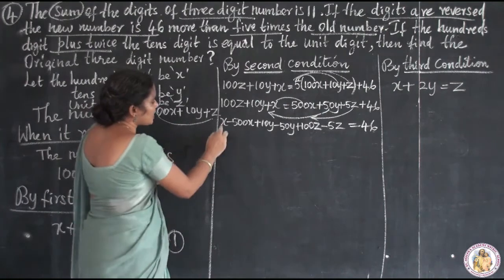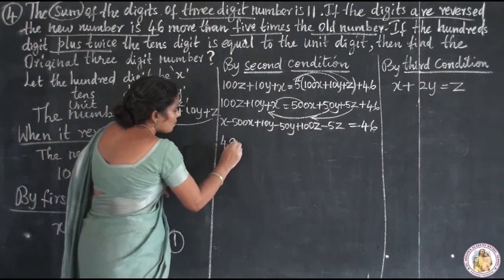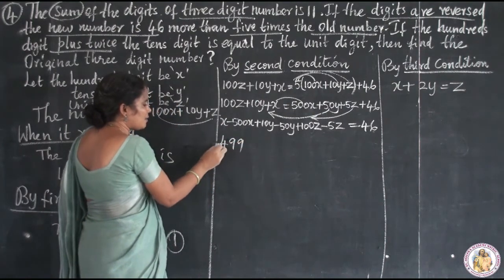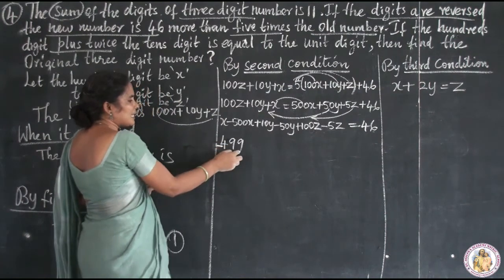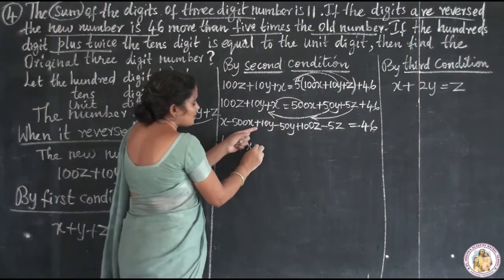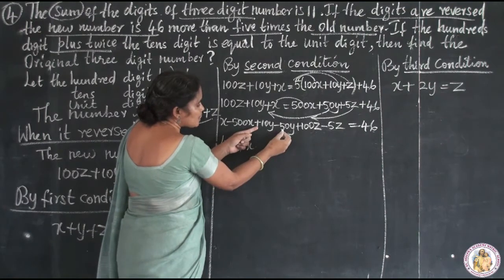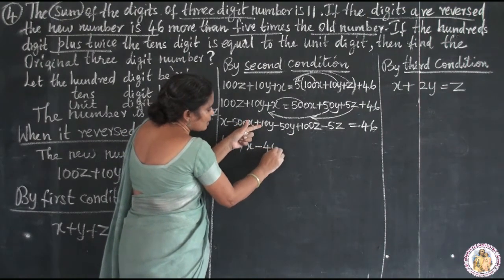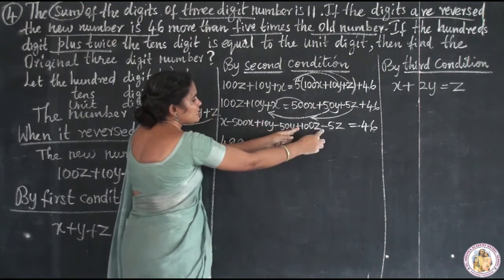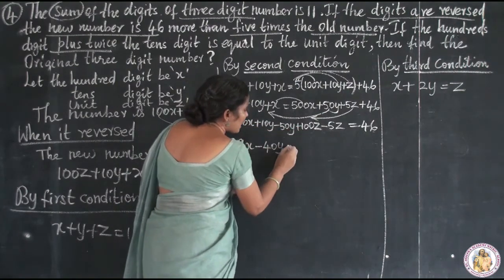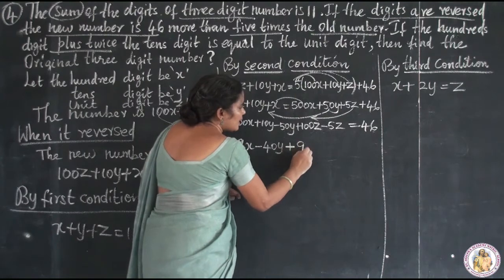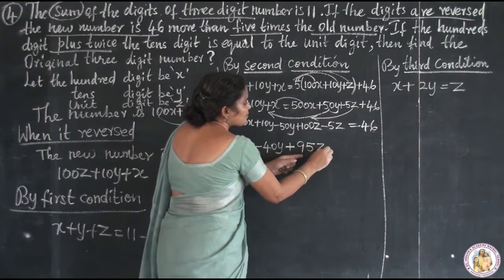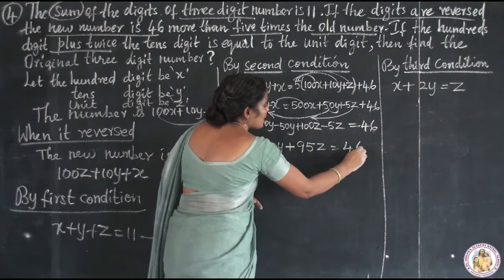So x minus 500x is minus 499x. Plus and minus are different signs, so subtract: 10 minus 50 is minus 40y. Plus 95z is equal to 46.